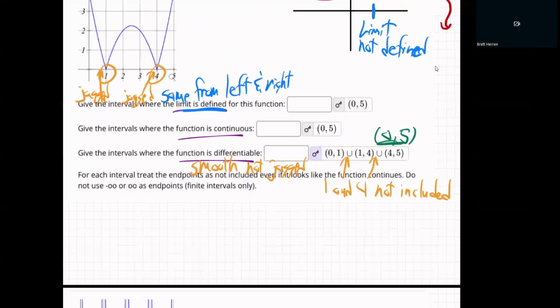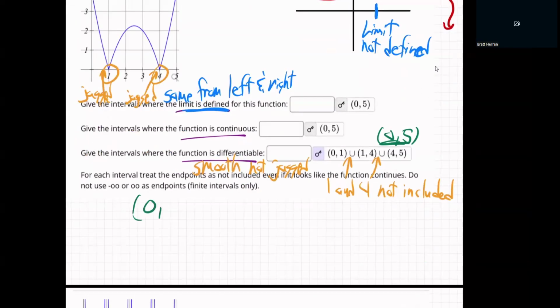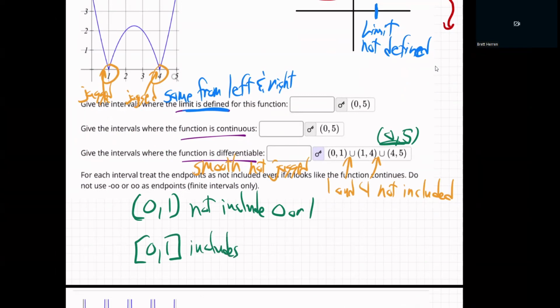Well, when you write something like (0, 1) with parentheses, that does not include 0 or 1. Whereas if you do brackets, that includes 0 and 1, it includes the endpoints.